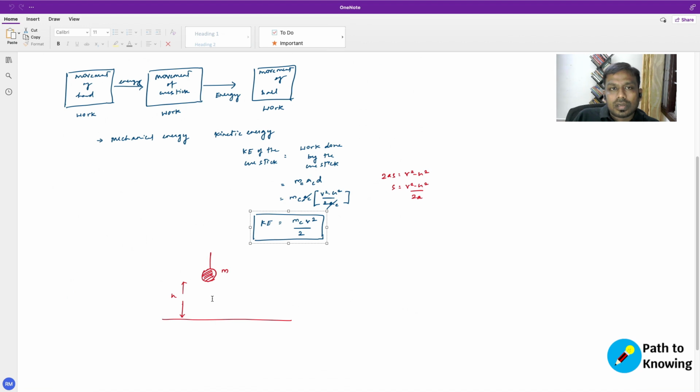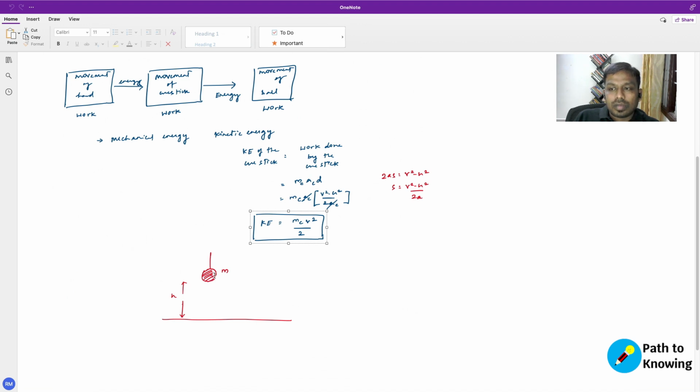Now, what will happen if you snap the string of this particular iron ball? Because this object is on the surface of the earth, it is under the influence of Earth's gravity, right? When you snap this string, the object will immediately fall towards the earth. So it will start to move, and it will cover a displacement of h, and it will hit the surface of the Earth, right? So although the object is not moving, by just snapping it, the object will end up doing some work, right?